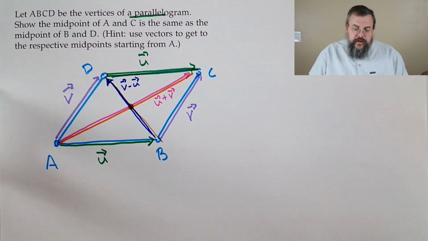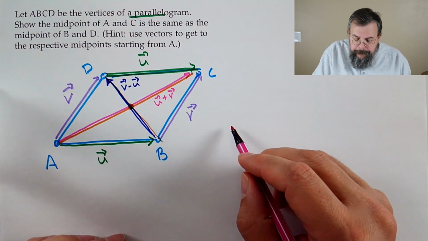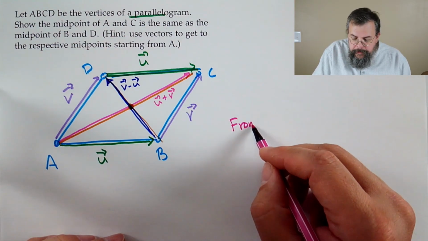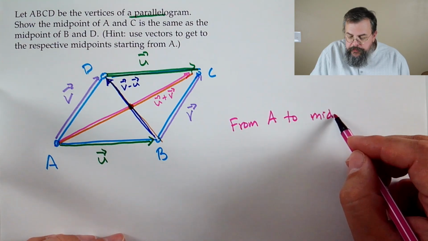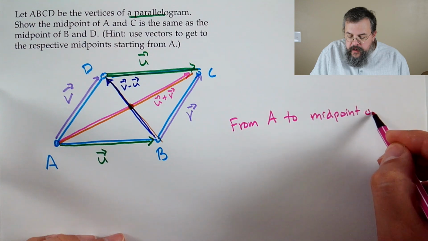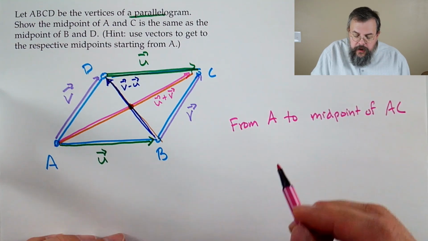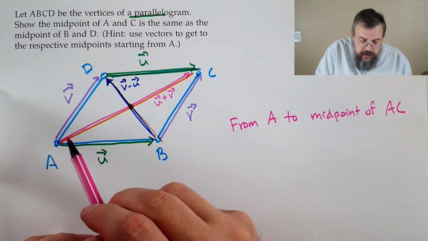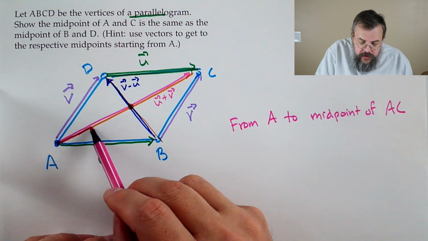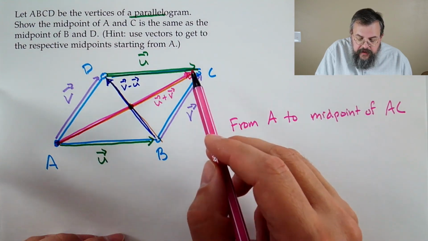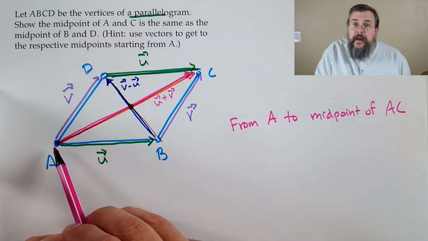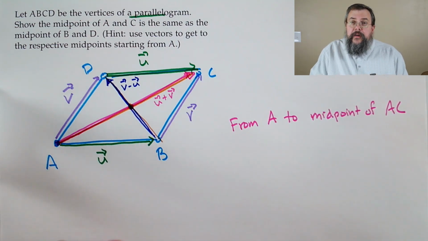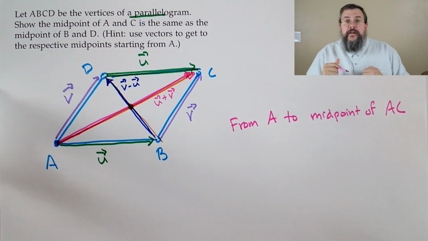All right. So with all our pieces in play, we can say the following. From A to the midpoint of AC, what would that be? Well, I can just go along this vector. The vector from A to C is U plus V. I start at A, so to get to the midpoint, I only go half the length of the vector.